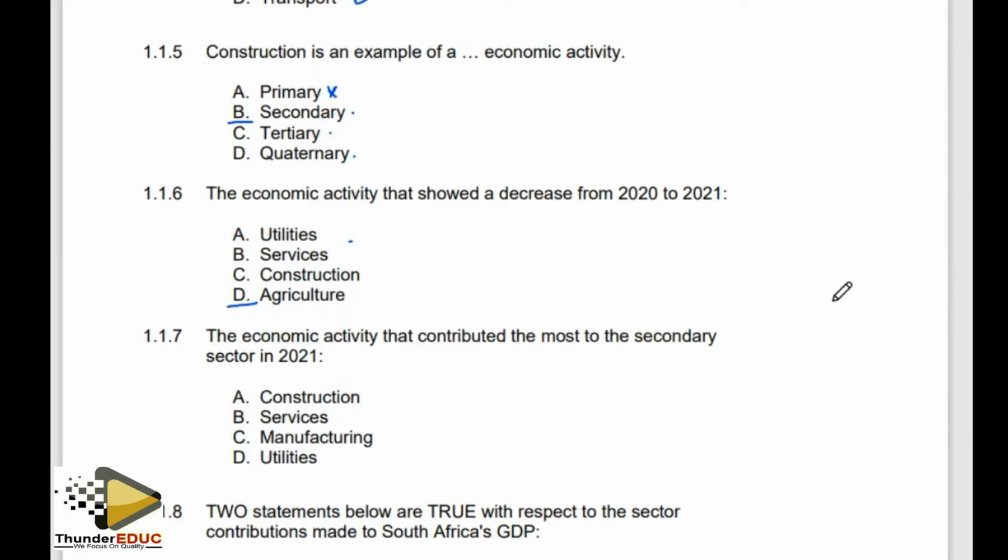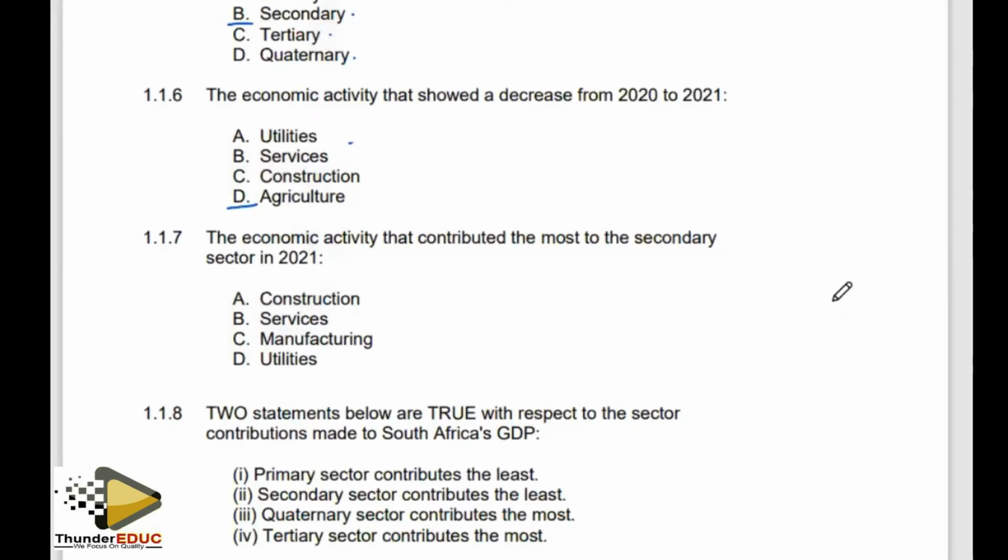Number 7, the economic activity that contributed the most to the secondary sector in the year 2021. Let's go check again. So look at activities that fall under secondary.